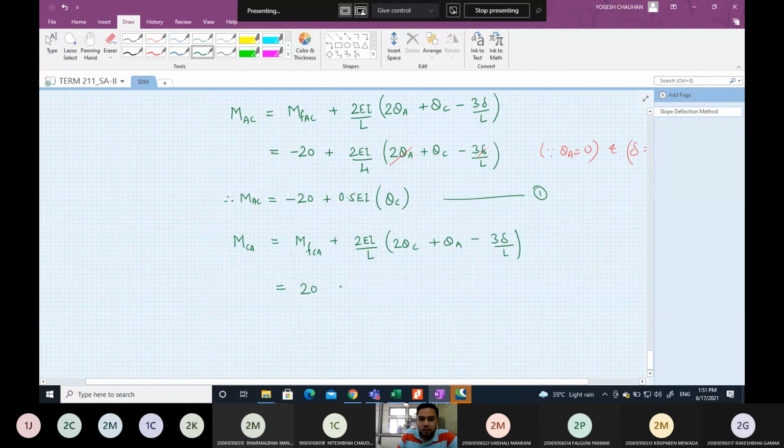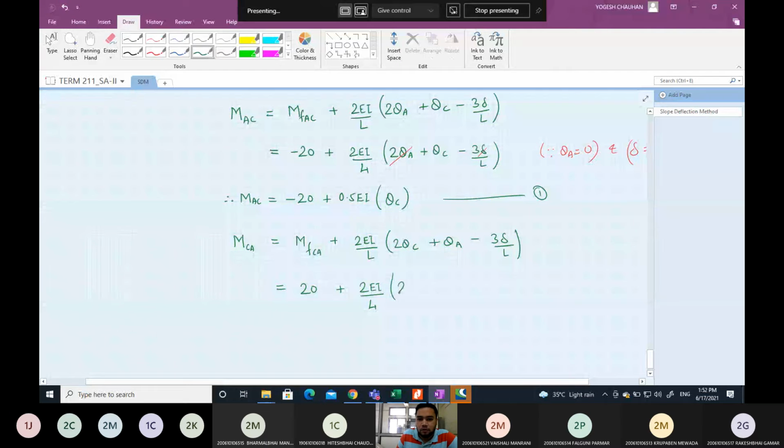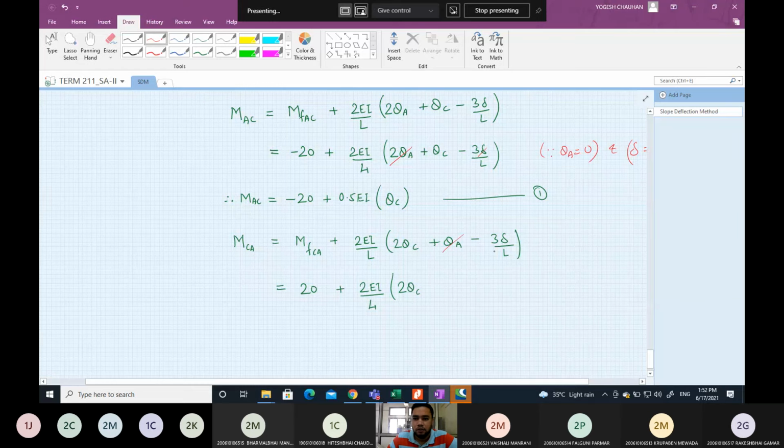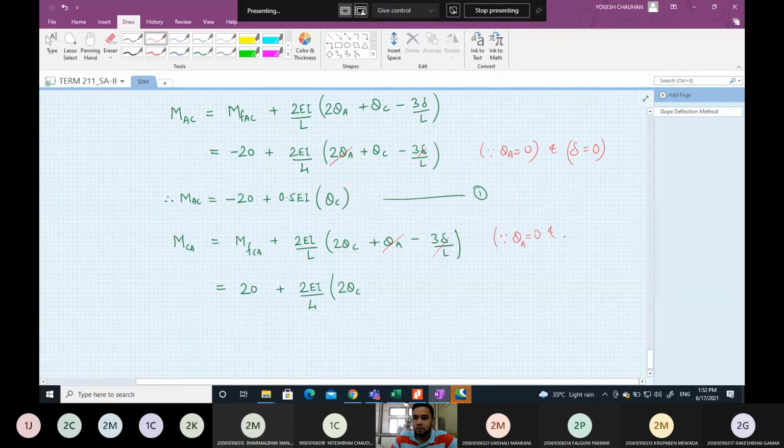So 20 plus 2EI by length, again 4 meter, so 4 times 2 theta C. Now here also theta A will be 0 and delta is also 0, so we are left with theta C only.